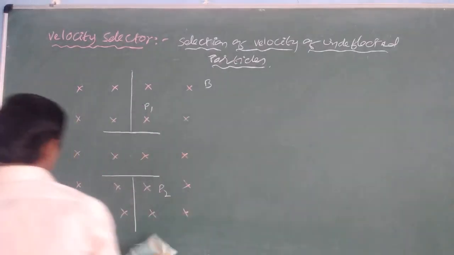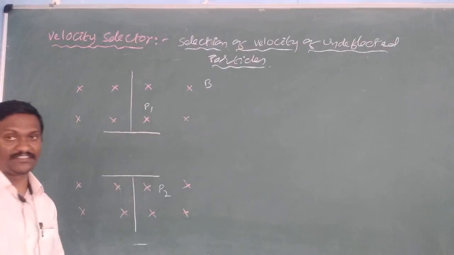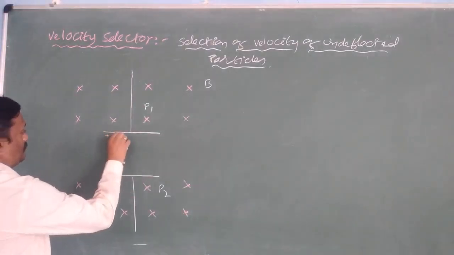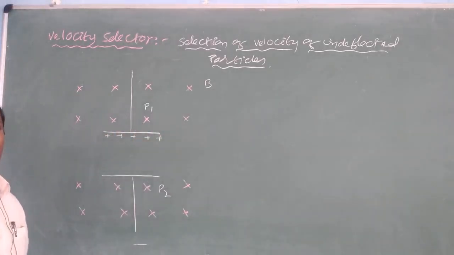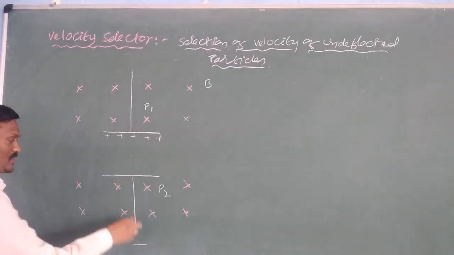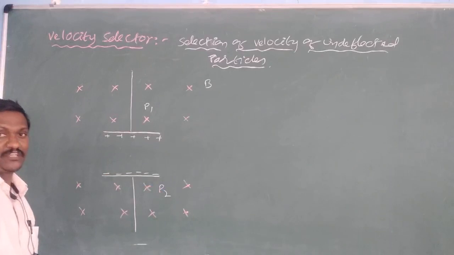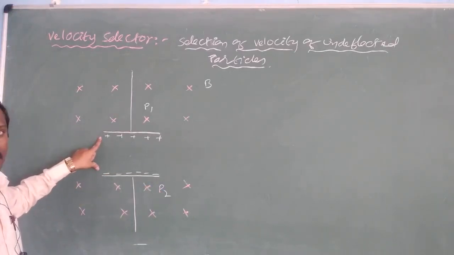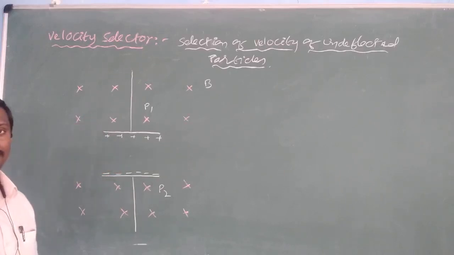Between these two plates we are applying an electrical field. Plate P1 is connected to positive polarity, so it has positive potential, and plate P2 is connected to negative polarity, so it has negative potential. Between these two plates, the electrical field is there, and at the same time the magnetic field is also there.